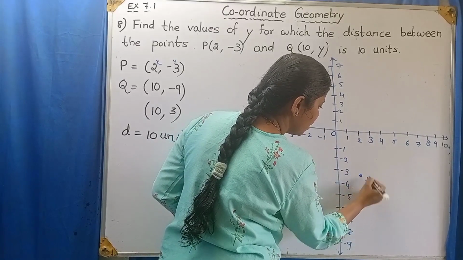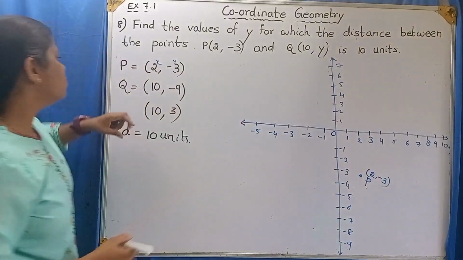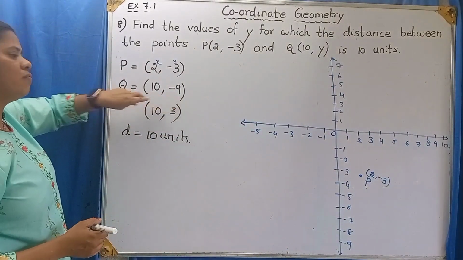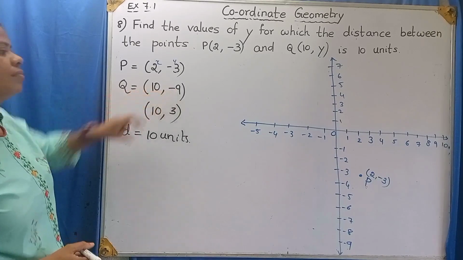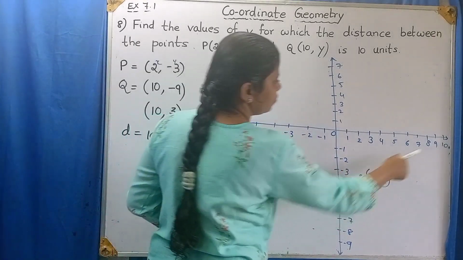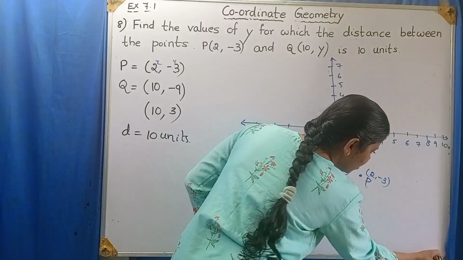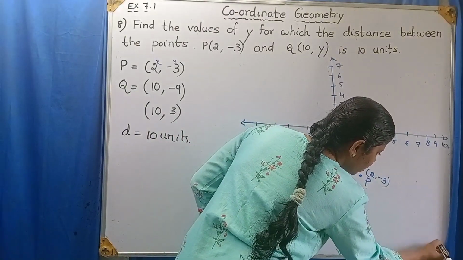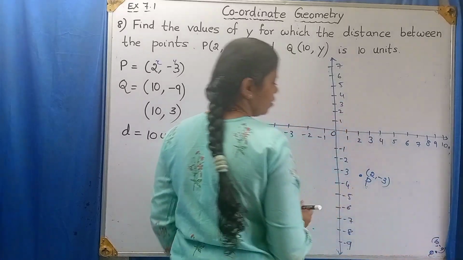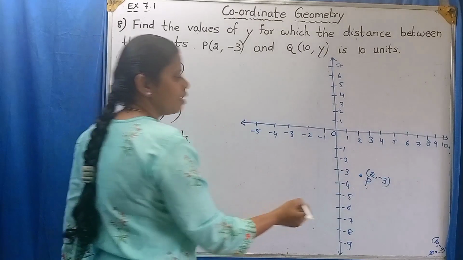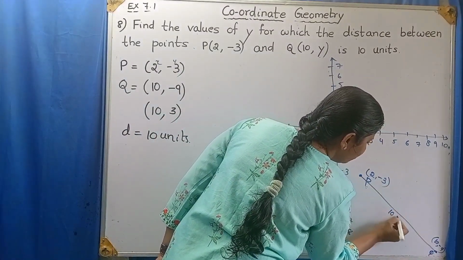This is our P. Now, first let me take only this one for Q, that is (10, minus 9). (10, minus 9) means it will come here, right? Q is (10, minus 9). And the distance between them is how much? The distance between them is 10 units.